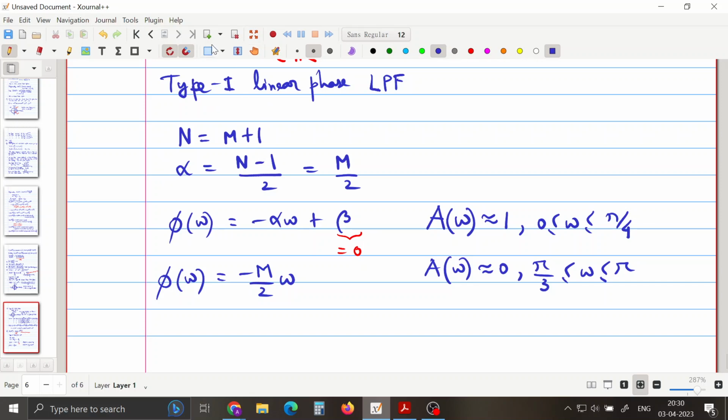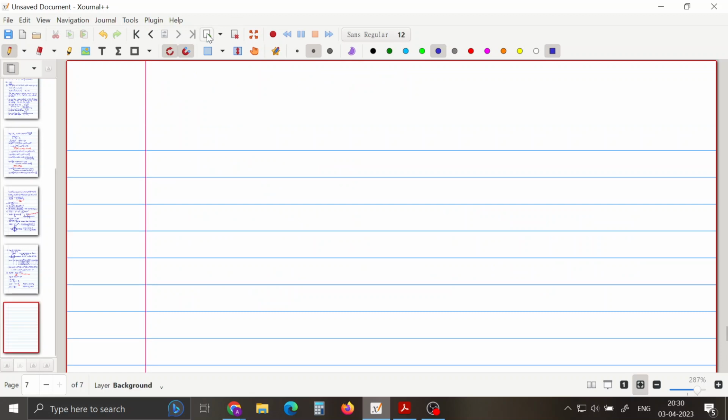Now going to the next page. Now comes the new filter, which is capital G of z, and remember it was given by z to the power minus m by 2 minus our original filter H of z.